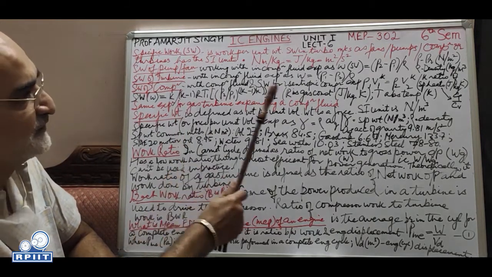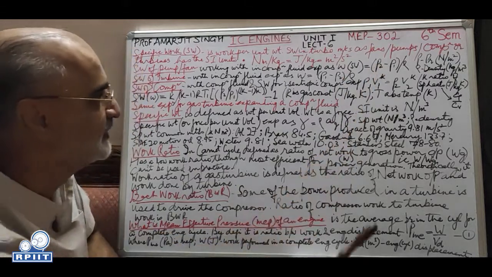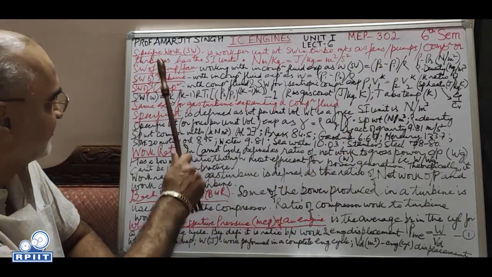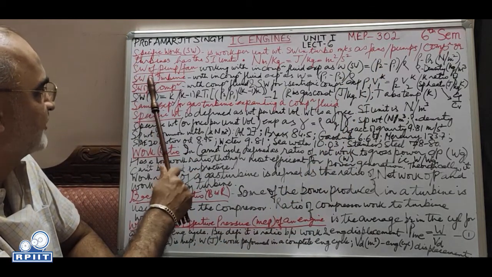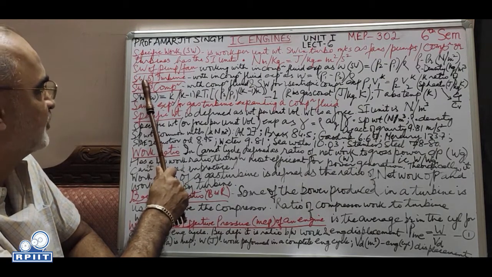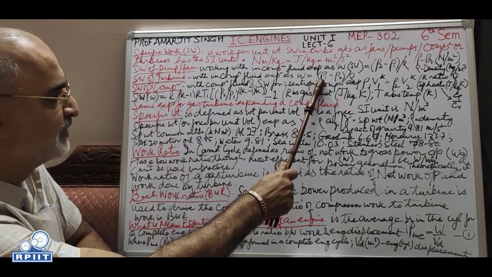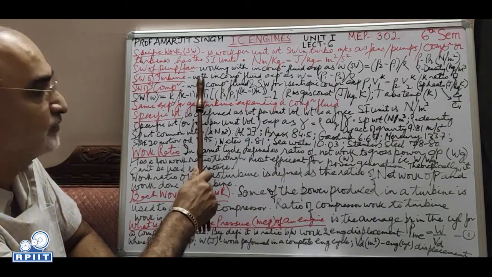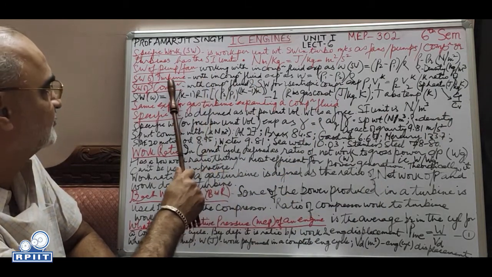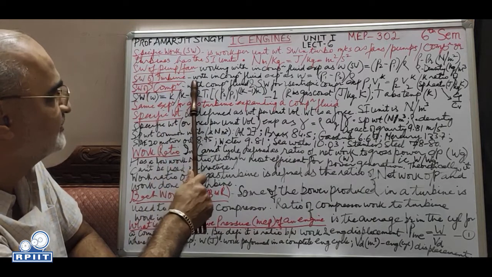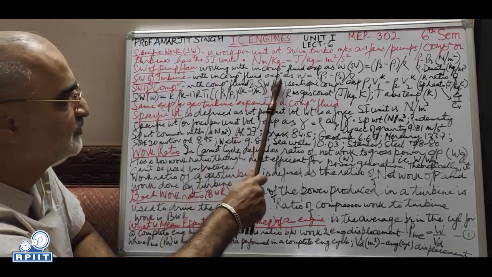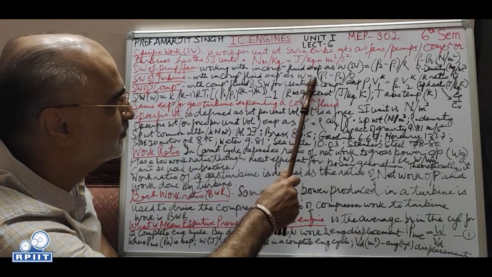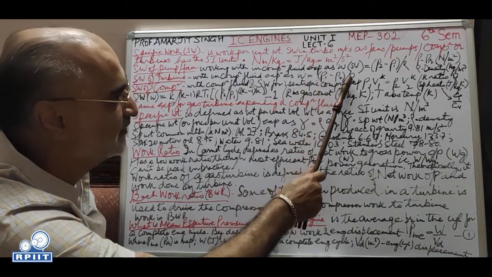So in a pump and fan, the final pressure is always more than the initial pressure. It's the other way in respect of turbines. For the specific work of a turbine, the initial pressure is more and it gradually tapers off during the cycle. So specific work of a turbine with incompressible fluid can be expressed as work is equal to P1 minus P2 divided by rho.